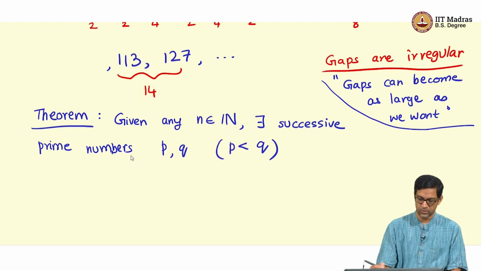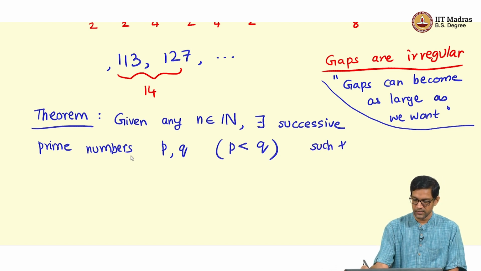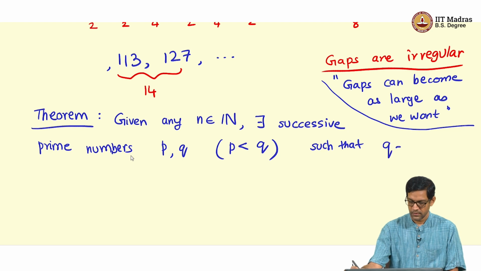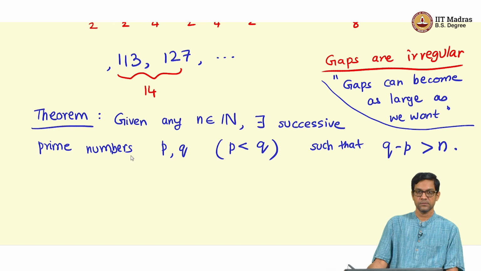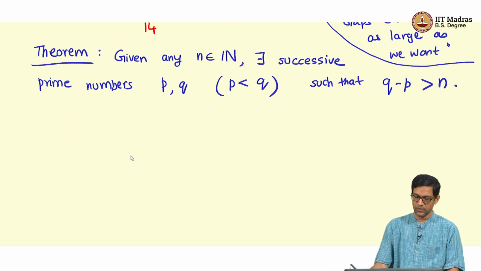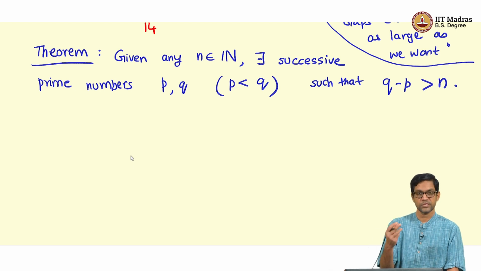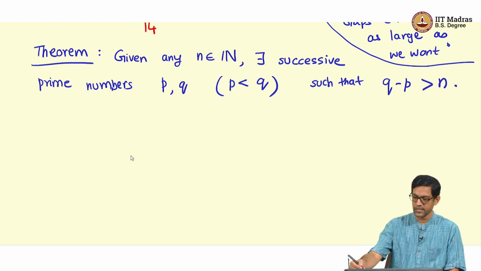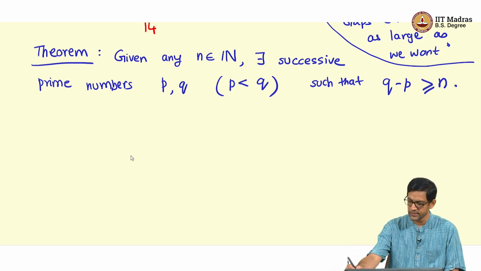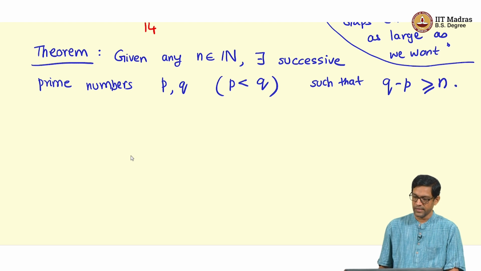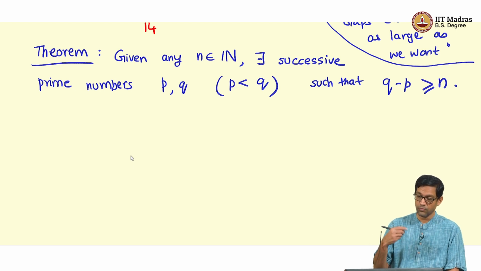I can find two successive prime numbers p and q with p less than q such that their difference, which is the gap, is greater than this number n that we chose. Okay, what this means is, if you take n to be 100, then you can find two successive primes whose difference is 100 or more than 100. Well, here the way I wrote it is greater than n, or let us say greater than or equal to n. I can find two primes whose difference is 100 or more.